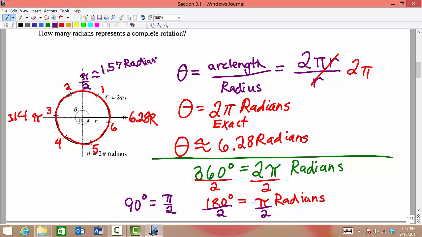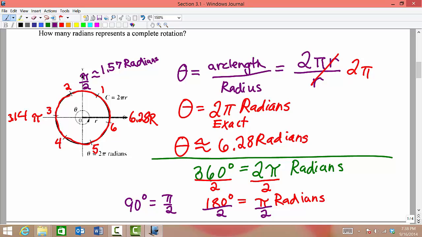And that makes sense because we had 2 radiuses laid end to end, and 90 degrees came in between 1 and 2. So it looks about halfway between 1 and 2. So this is pi over 2. Every 90 degrees represents pi over 2.